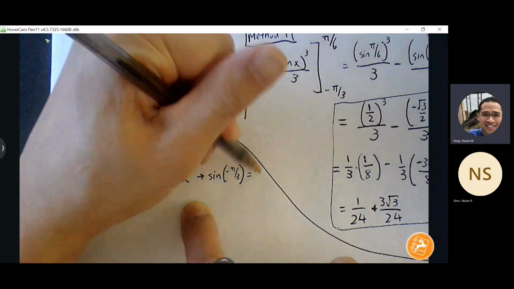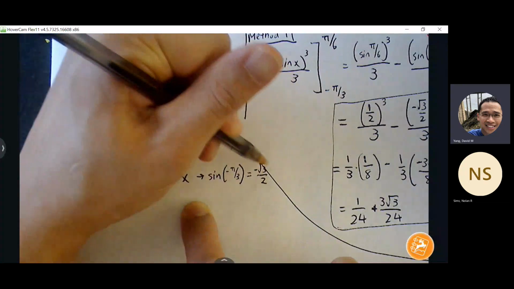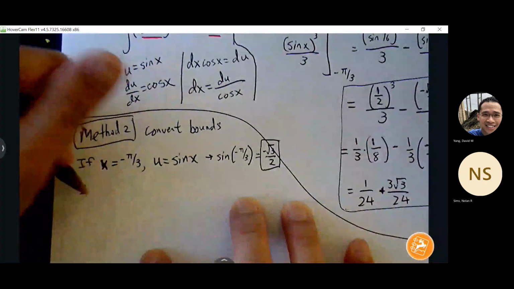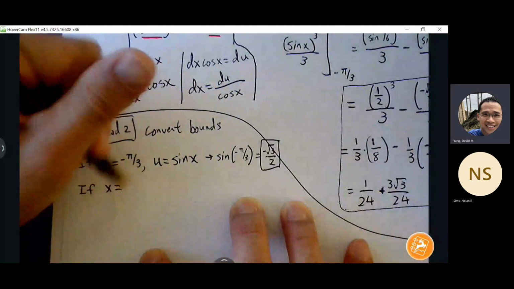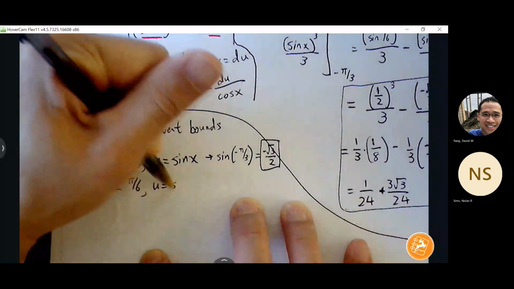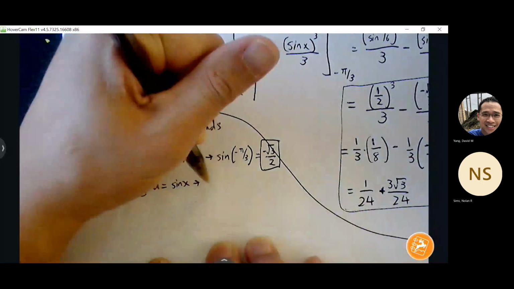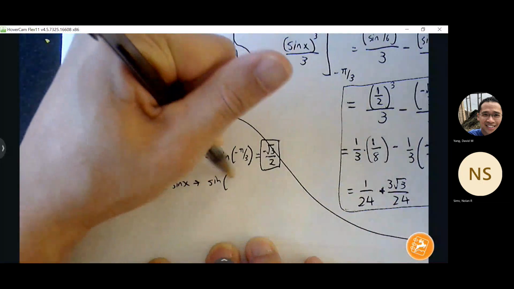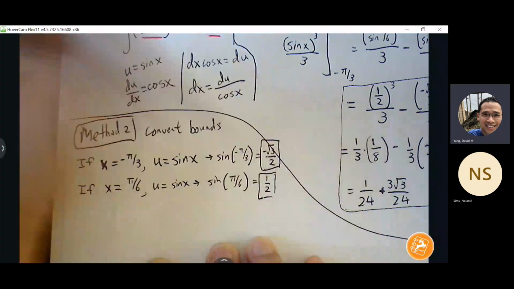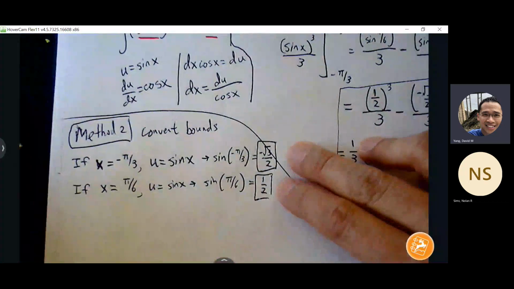Fourth quadrant, so negative root 3 over 2. Okay, so that's my new lower bound. If x is equal to pi over 6, which is 1/2. Okay, so we have our new lower bound, new upper bound in terms of u.